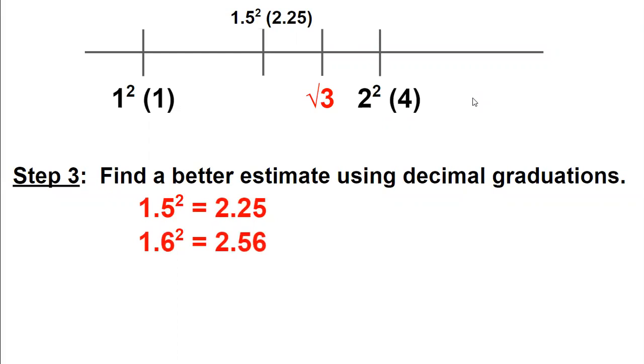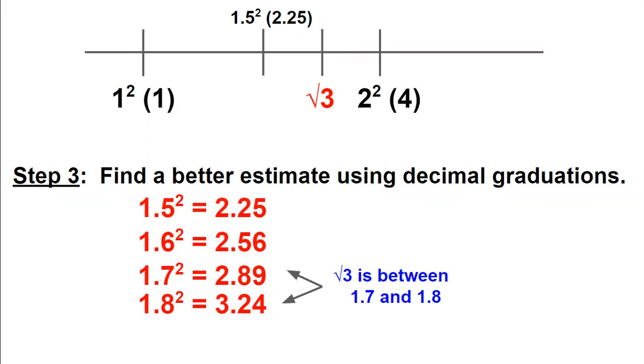So let's try 1.6 squared. What is that? That's going to give us 2.56. 1.7 squared is going to give us 2.89. 1.8 squared is going to give us 3.24. None of those are 3, but some are closer to 3 than others.